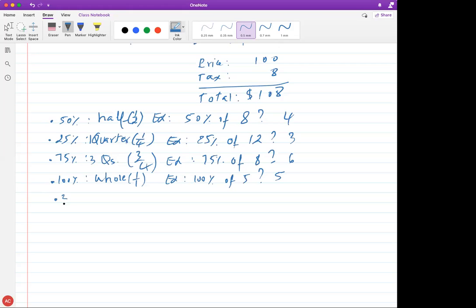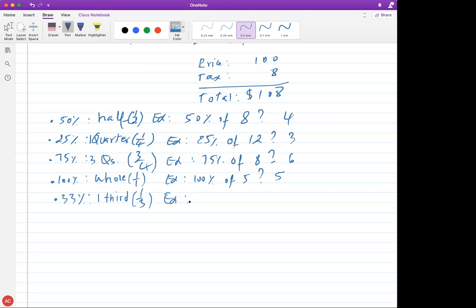You also have 33%. Does anybody know what 33% is in one word? What's 33%? This means 1/3 of something, or 1 out of 3.